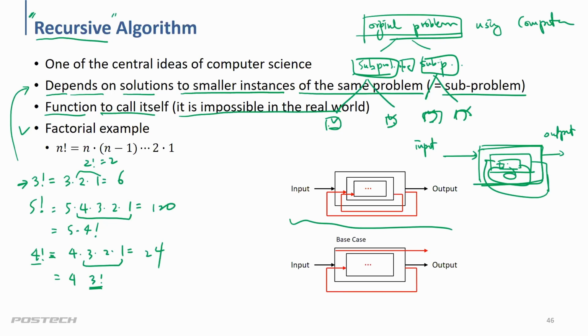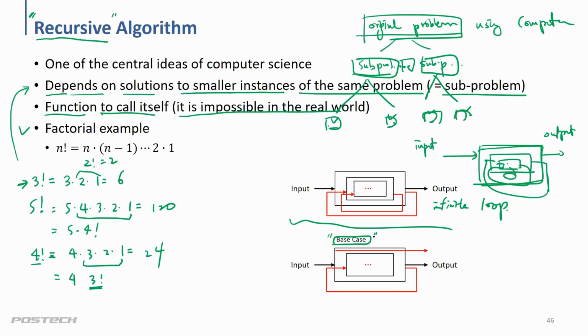But in many cases, it will be an infinite loop. So if you think about any kind of recursive method, you have to think about the base case. We have to set certain conditions so that if, during the iterations, we meet that criteria, we break out of the loop.